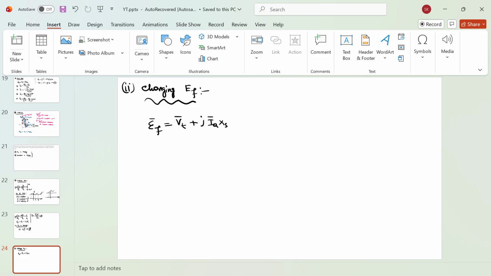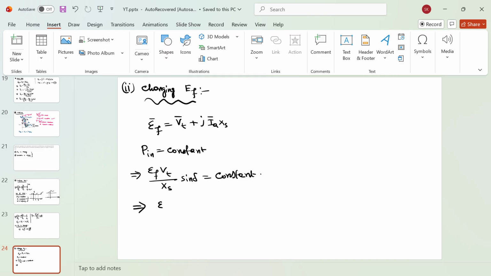Let's say in this case, my P input is constant. You are not changing the input power. So whatever input you are giving, the same power will go to the grid, and basically you are changing the EF. So P input is nothing but EF Vt by Xs sine delta, which is a constant term. Vt is the grid voltage or infinite bus bar voltage, which is constant, and Xs is also constant.